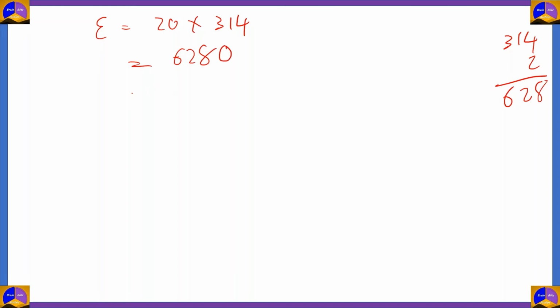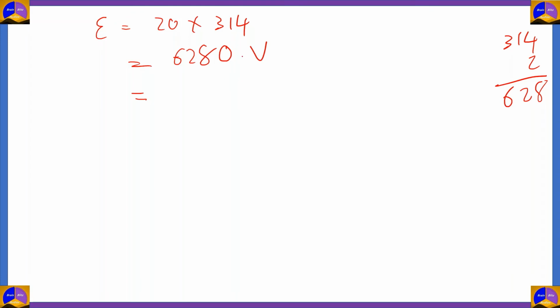We'll get the EMF as 20 times 314, because 200 divided by 10 is 20. So 314 times 20. Let's do 314 times 2. 4 times 2 is 8. 1 times 2 is 2. 3 times 2 is 6. So it'll be 6280, the value of the EMF.